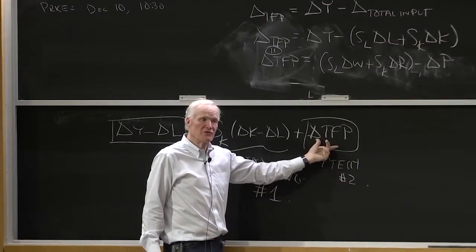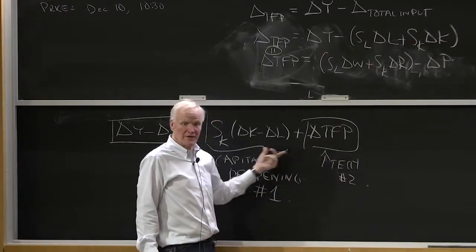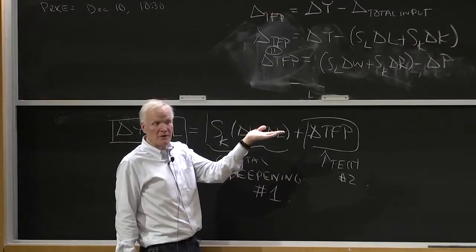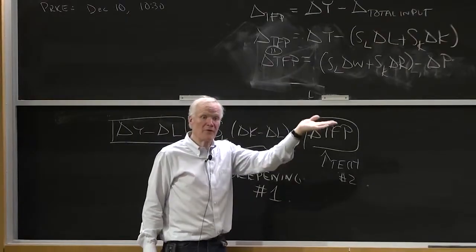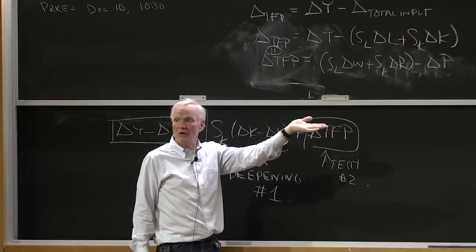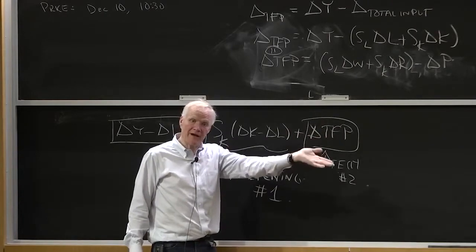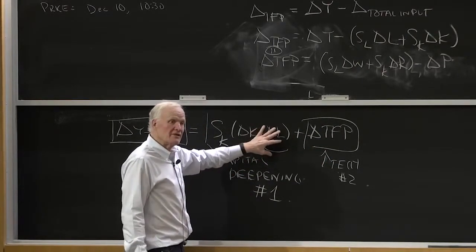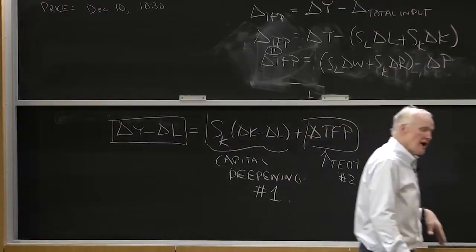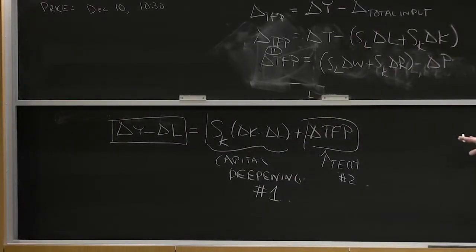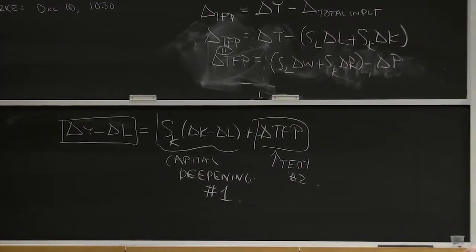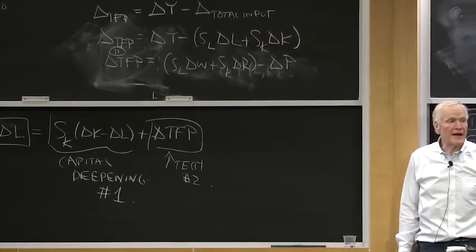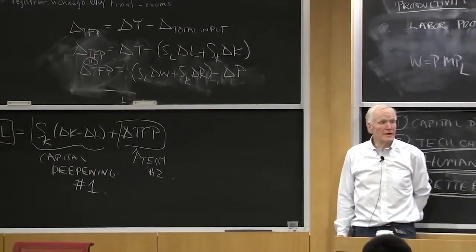It would typically induce capital deepening, because if it raised the marginal product of capital, we'd want more capital, and we'd keep increasing capital until the marginal product of capital came back down to its long-run level. So these two things would be causally related and complement one another. That is, improvement in technology would typically be associated with further growth in output per worker generated by capital deepening. Any questions?